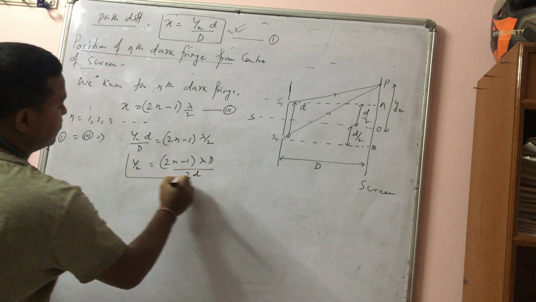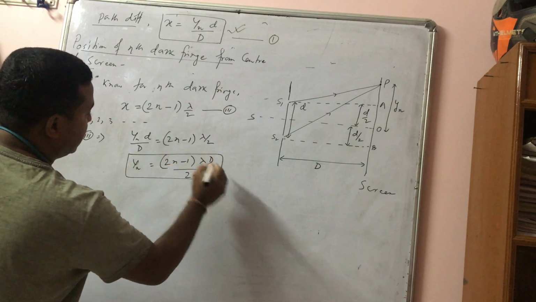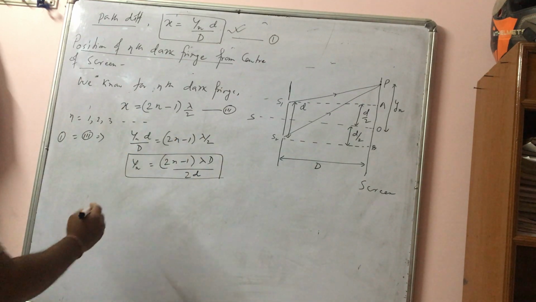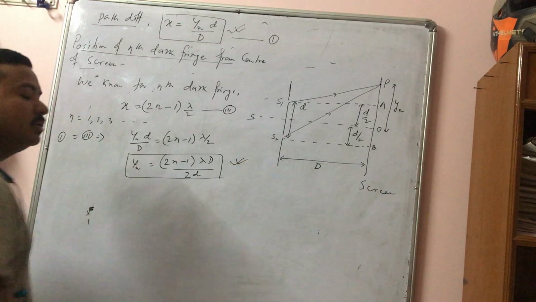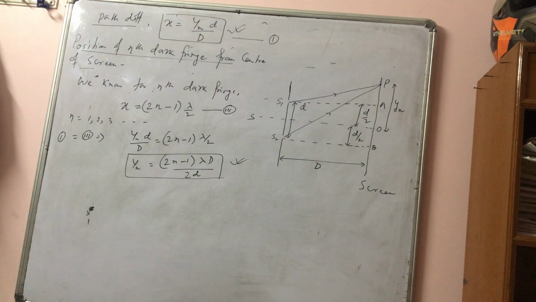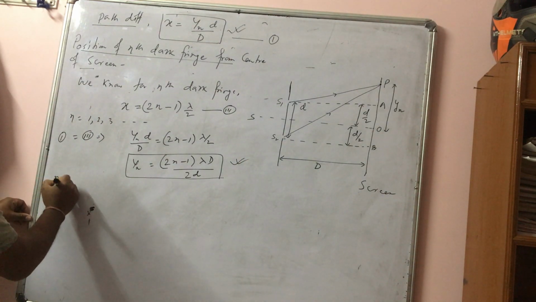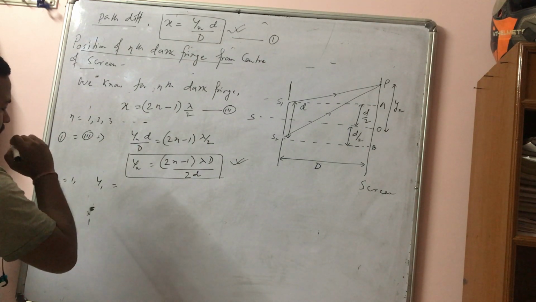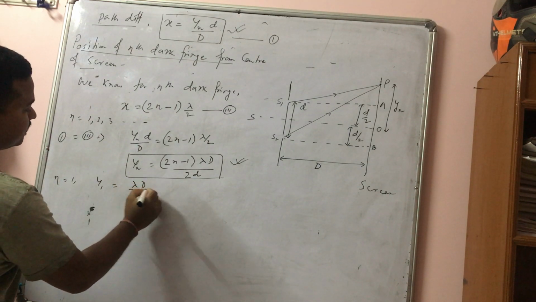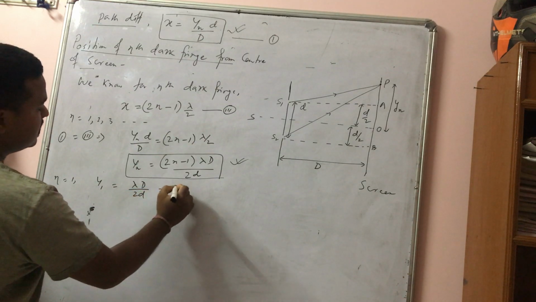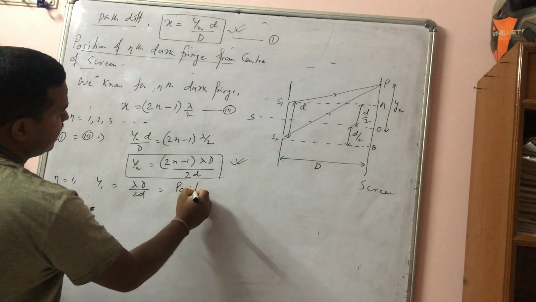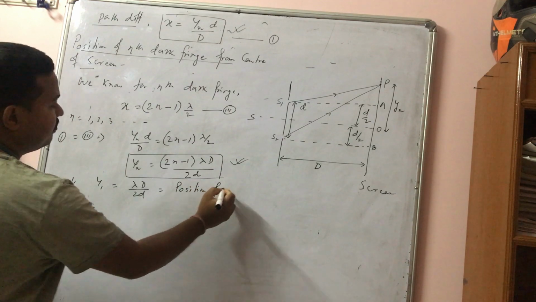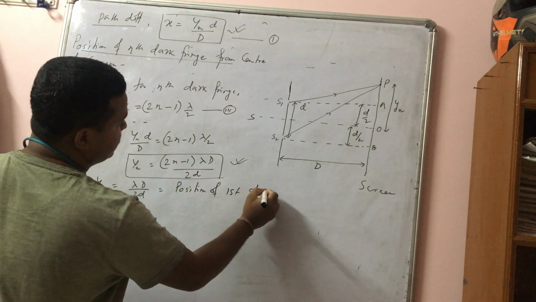So this is the position of the nth dark fringe. This is the important formula. You have to remember this to find the position of dark fringes. Now if you put n equal to 1, y1 will be lambda D by 2d. This is the position of the first dark fringe.